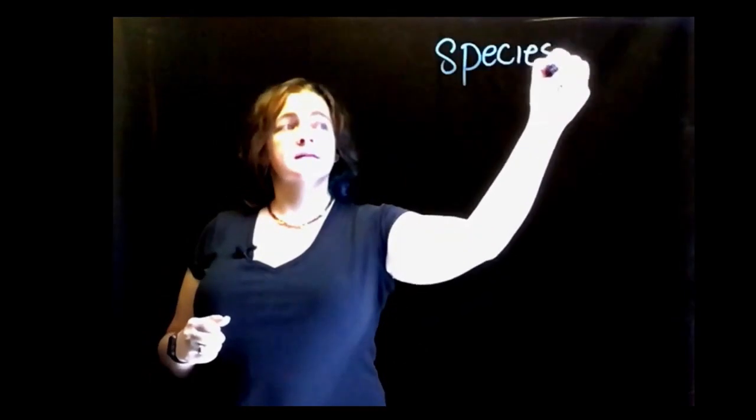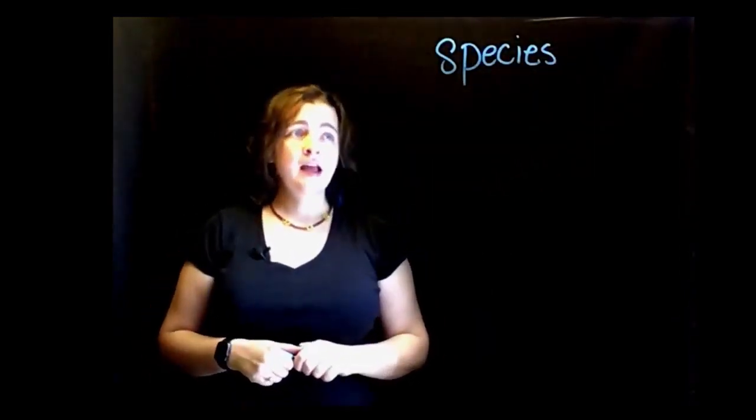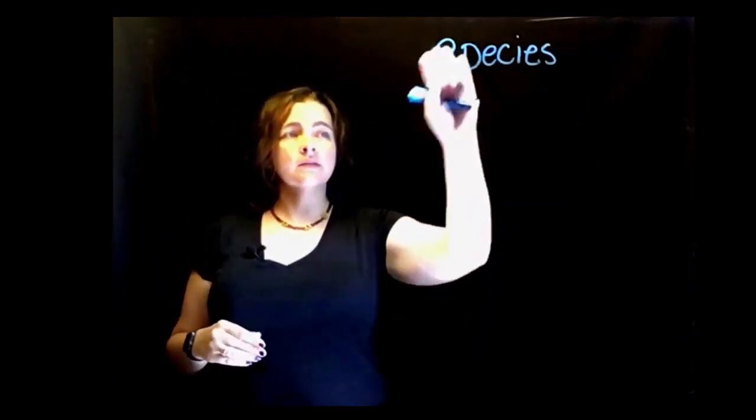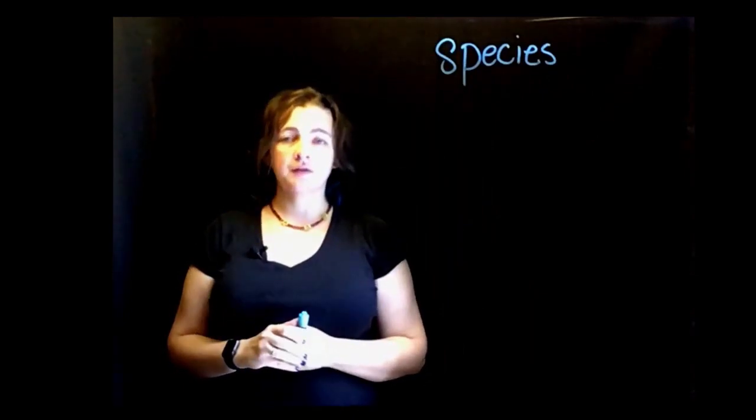The smallest you can get, or the least inclusive, is going to be a species. There are many definitions of what a species is. The one that we tend to use in general biology is that organisms that are so closely related that they can interbreed and produce fertile offspring.